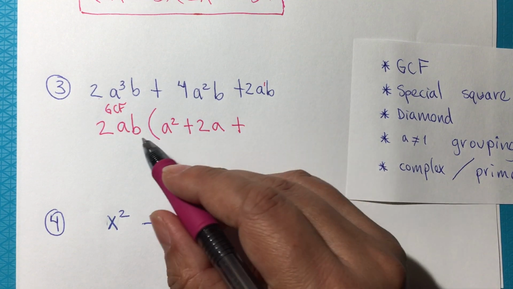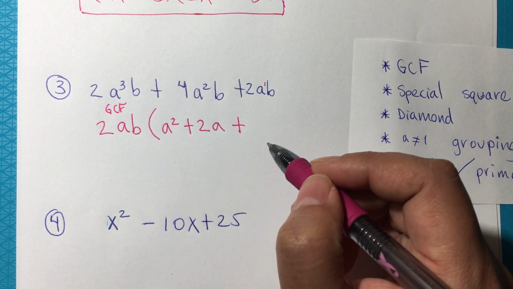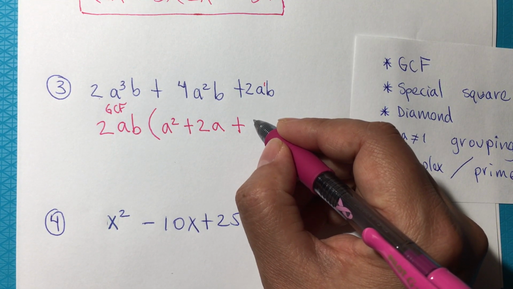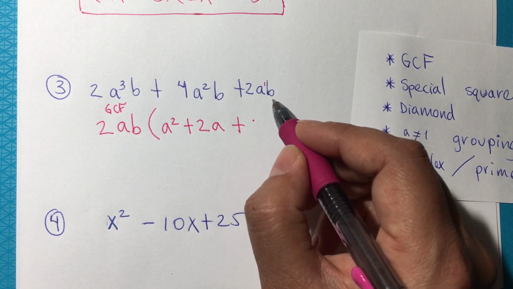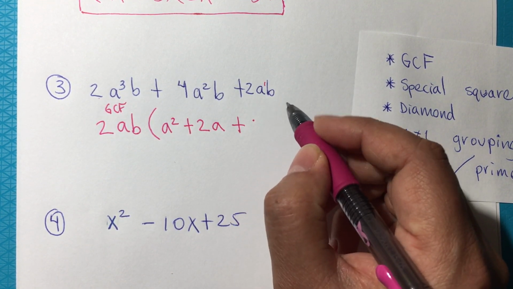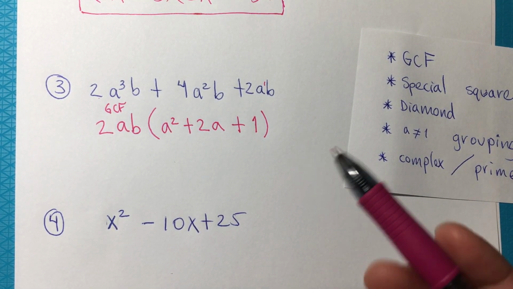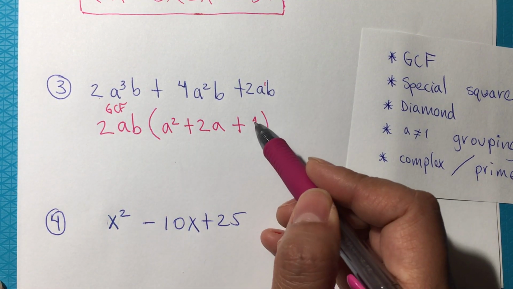We don't put it. A divided by A is 1. We don't put it. And B divided by B is 1. So we usually don't put it because we expect to get something else. But since all of them are 1, it's 1 times 1, 1 times 1, 1. So that's what we're going to put in here. Or we can just think of anything divided by itself. The answer is 1.